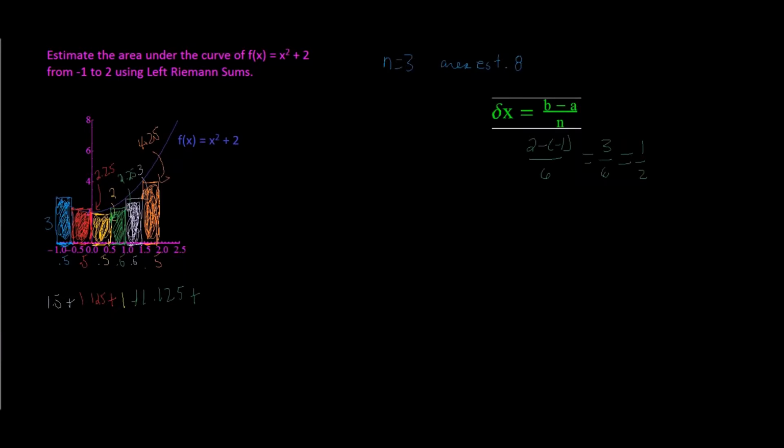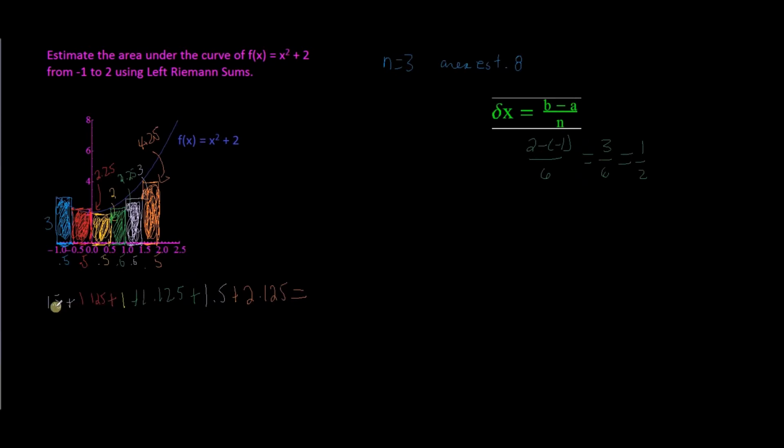Now our fuchsia here, the height is 3, width is 0.5, so that's 1.5. And then finally our orange here is 4.25 times 0.5, so that's going to be 2.125.